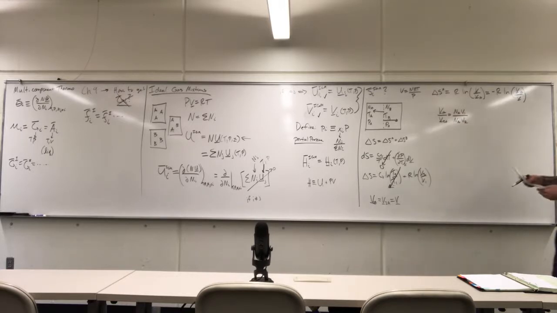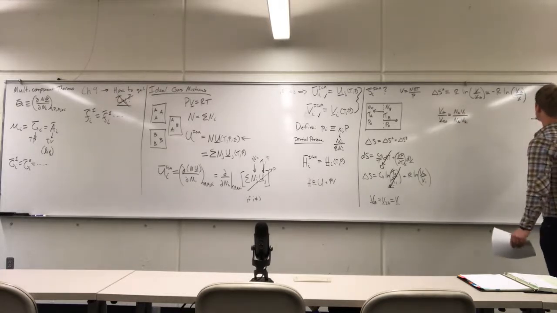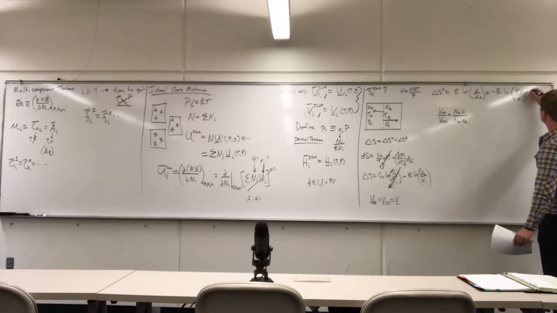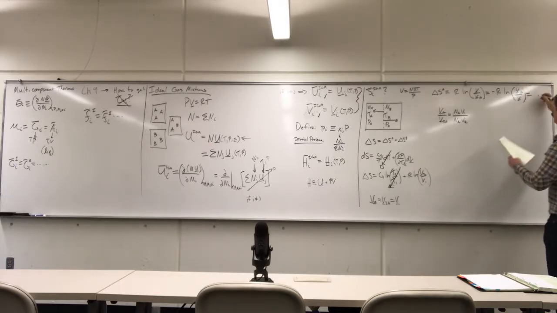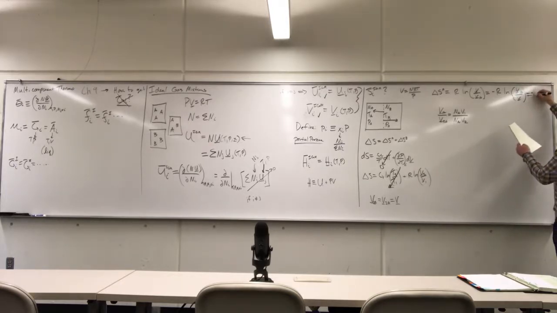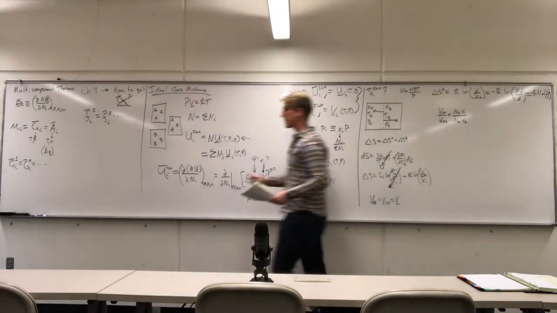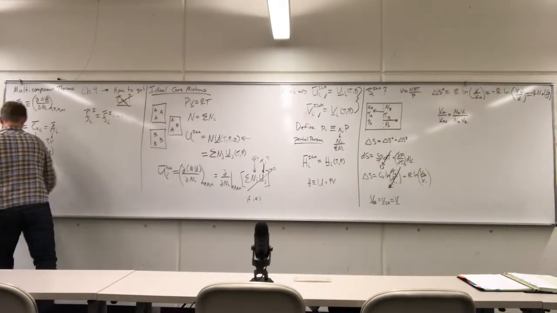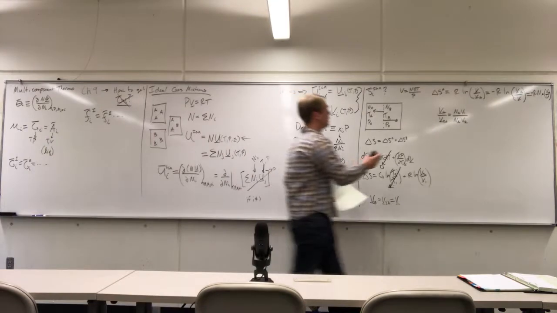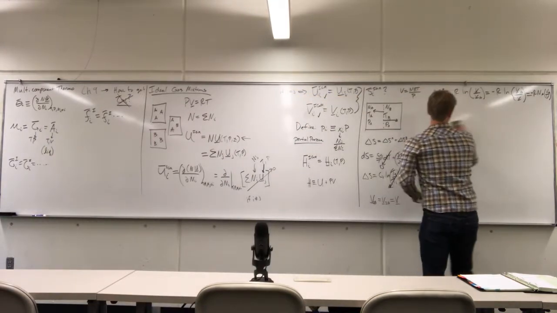Oh, okay, that's what I got. So I take one more step here, and I wrote this as minus R N A log V A over V. So it's the same thing I did there, but I pulled that NA out beforehand. Sorry for the confusion. It's not complicated, but I just didn't want to botch any steps.